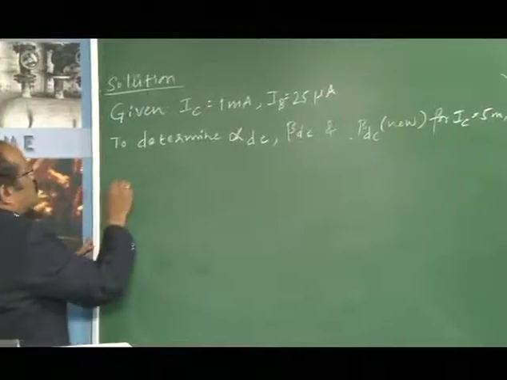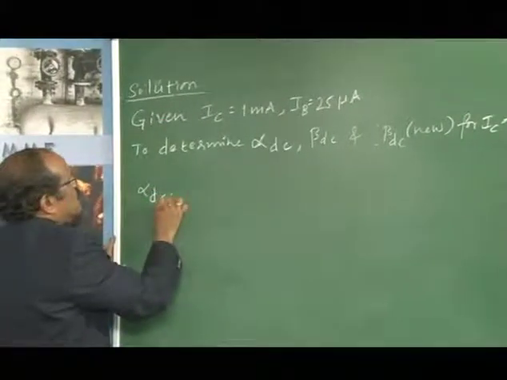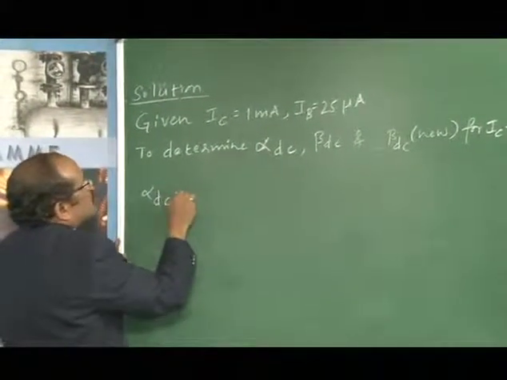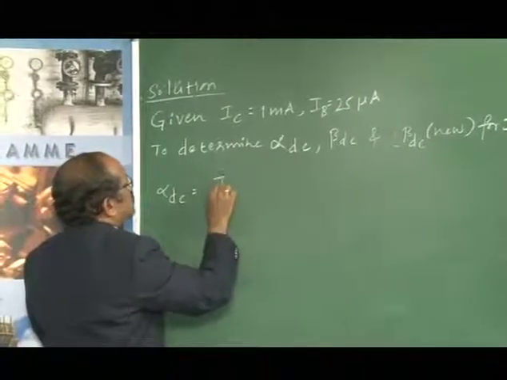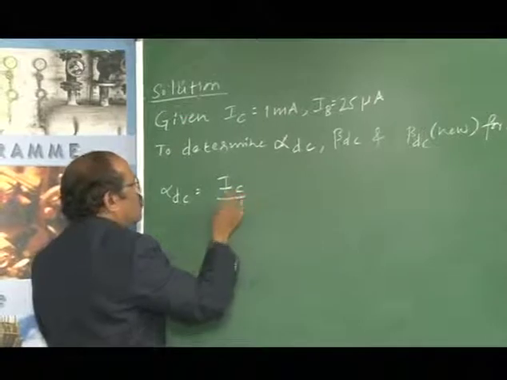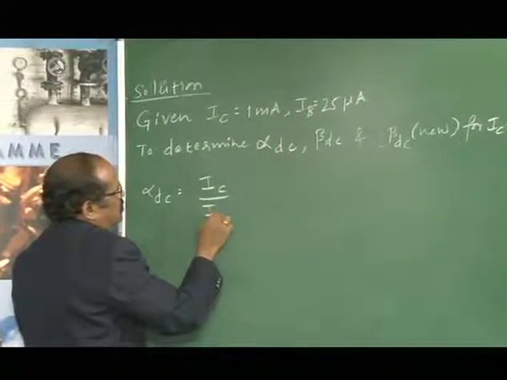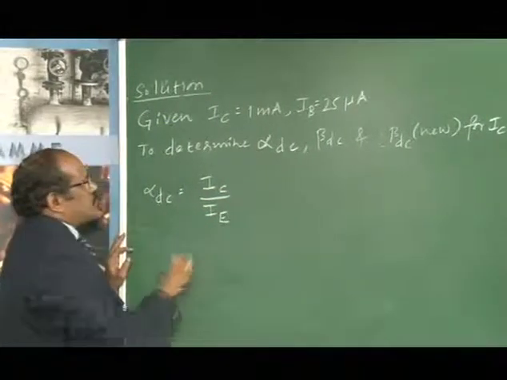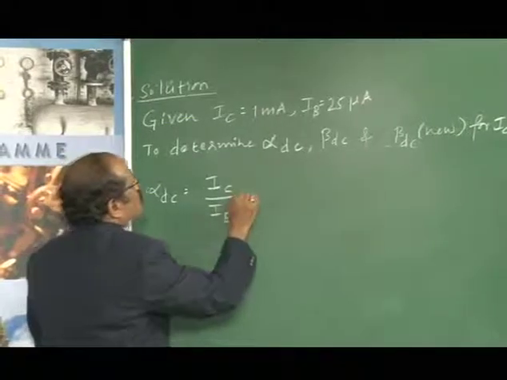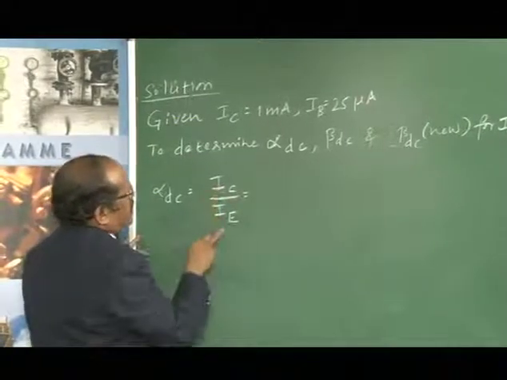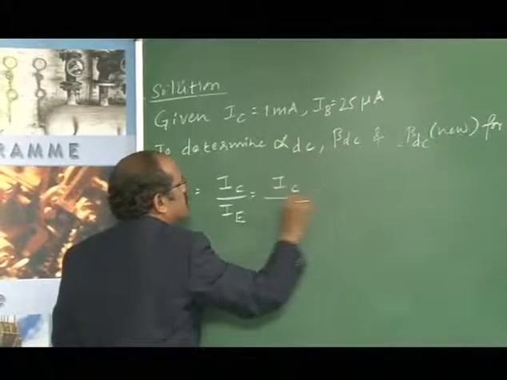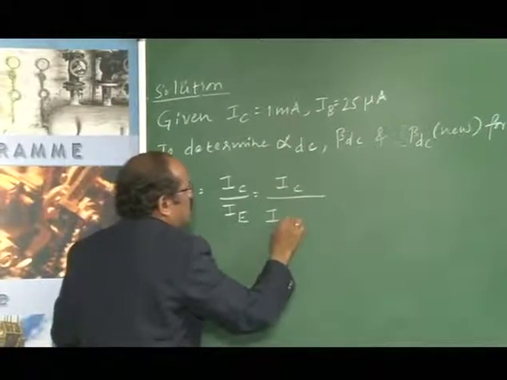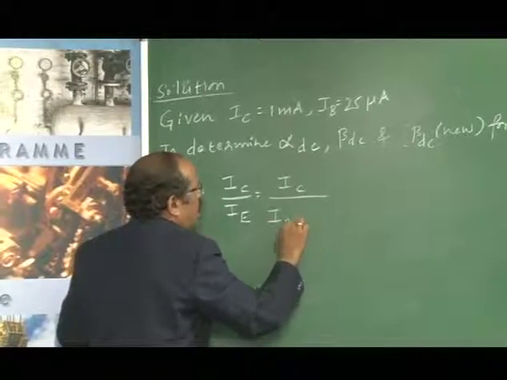To get alpha DC, what is alpha DC? It is nothing but the ratio of output current, that is collector current, to the input current. IC is given, IE is not given, but however IB is given. Therefore I can write IC divided by IB plus IC.